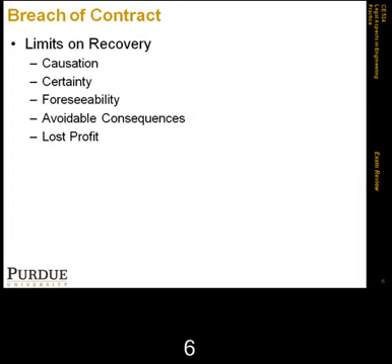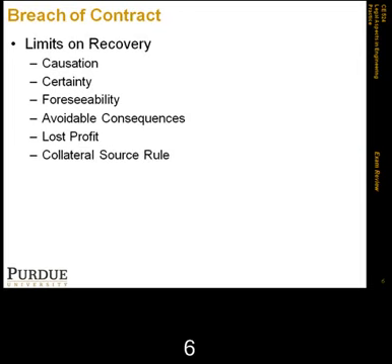And you want to show the foreseeability of the loss of other contracts: is this something that the breaching party would have been able to see, or was this unforeseeable? And could the contract loss have been avoided or not? Could you have just gone ahead and entered into that contract or not? So that's an important limit to talk about.